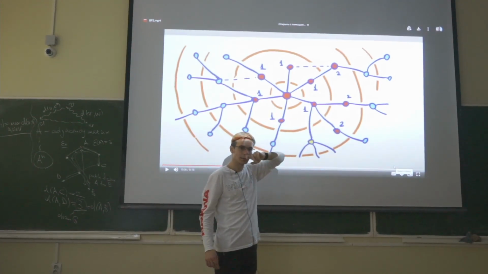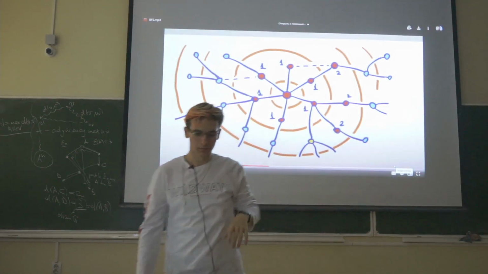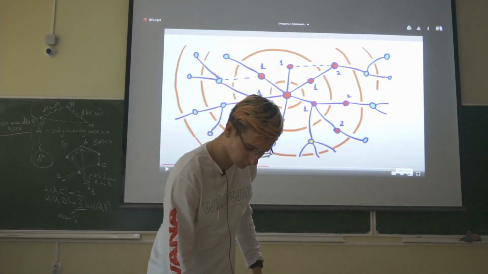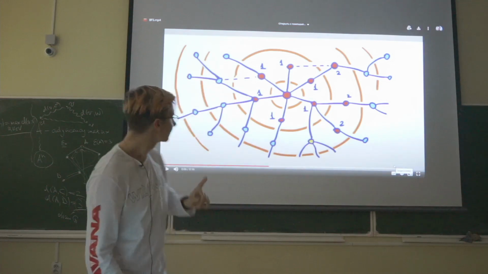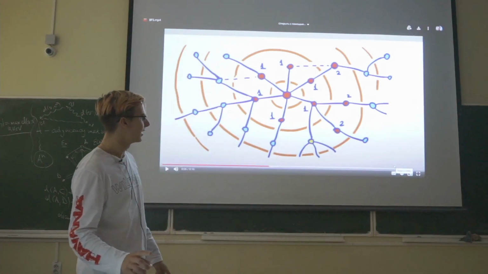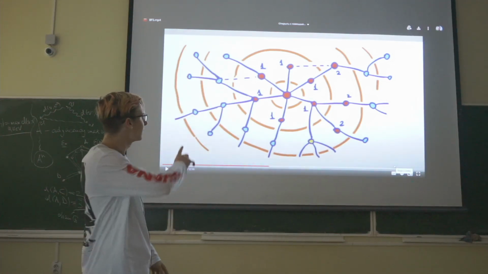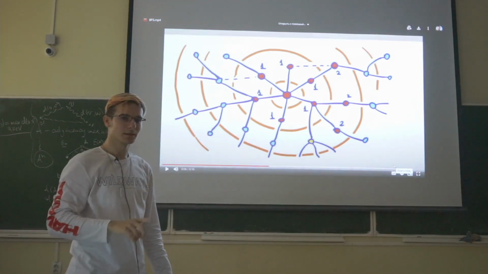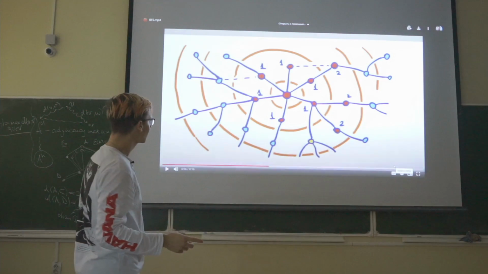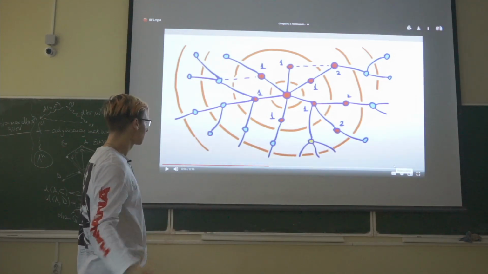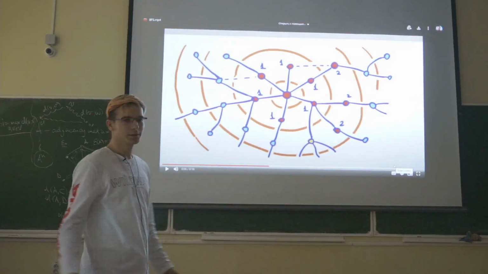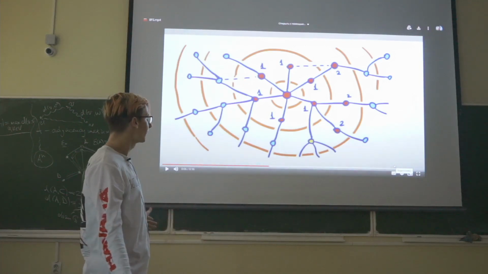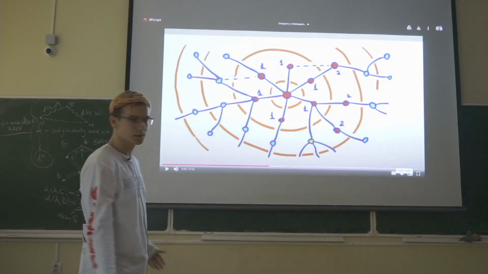We are assuming that the graphs are connected, right? Nice remark. Of course, now we see a picture of a connected graph. But in the common case, we cannot know a priori that the graph is connected.